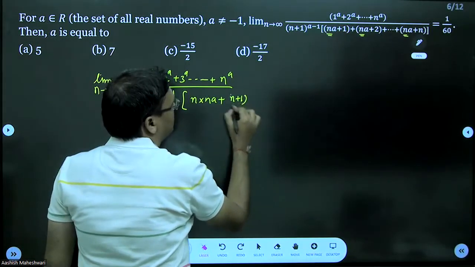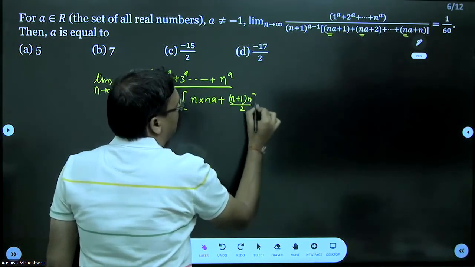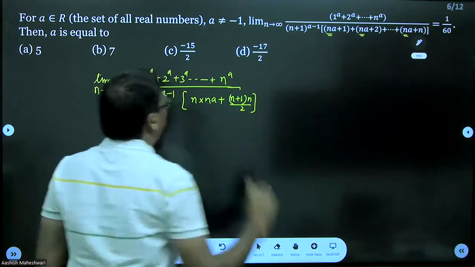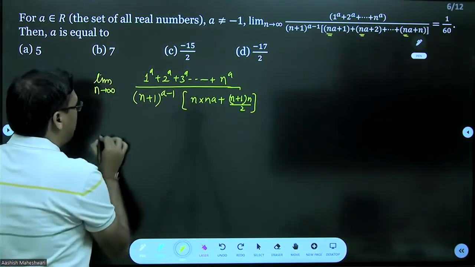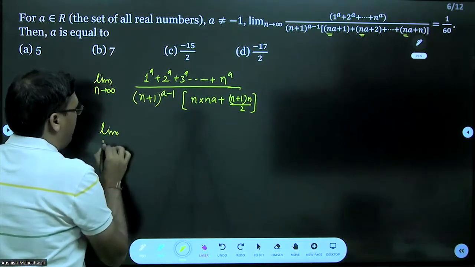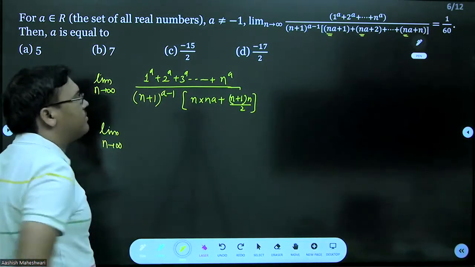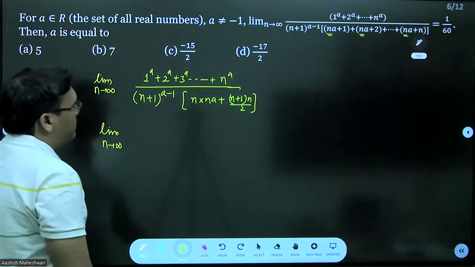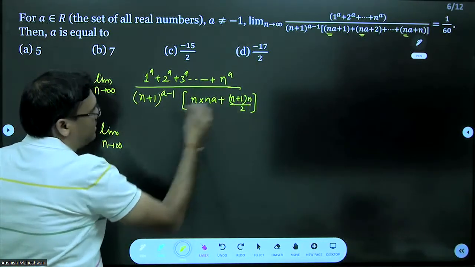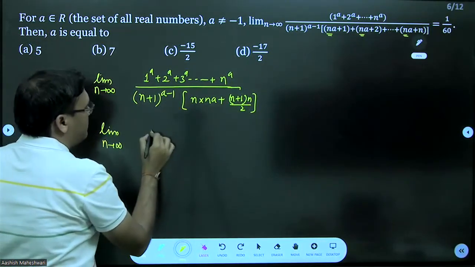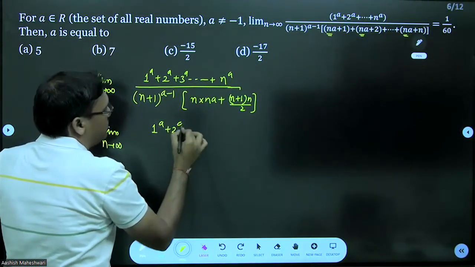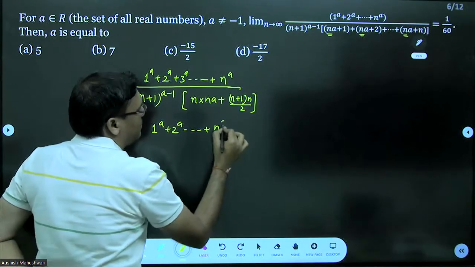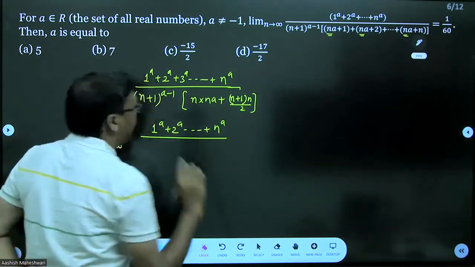N into (n plus 1) divided by 2. This is the expression we have. Correct? Now, if you just observe here, this is limit n tends to infinity. Okay? You can see I can take out some common factor here. You can see this is 1 raised to a, 2 raised to a, n raised to a, divided by.